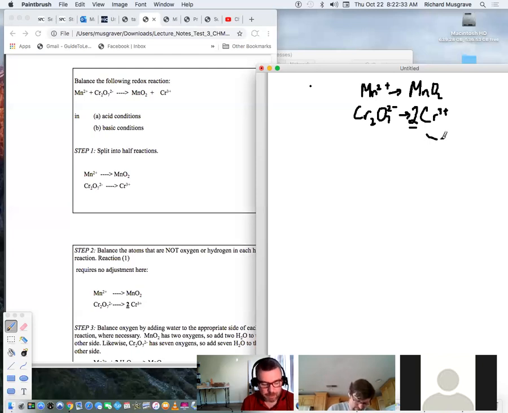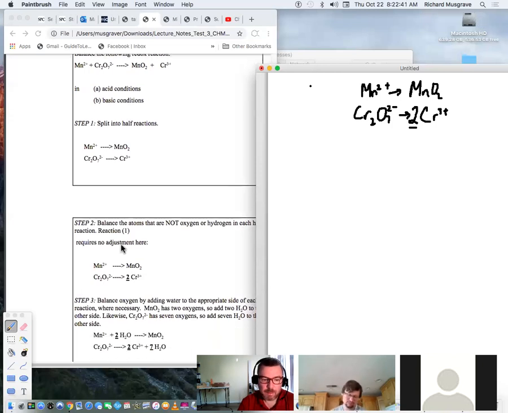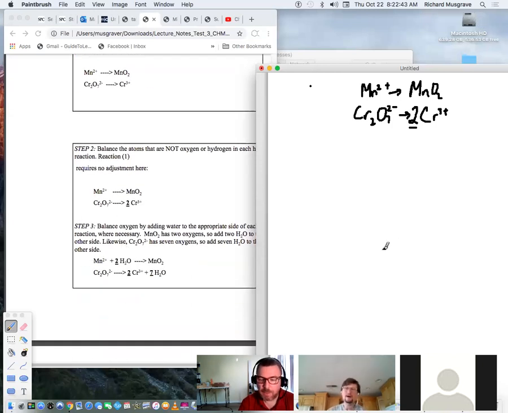Step 3 is we have to balance the oxygens, and the way we do that is we add water. On the top, there are no oxygens on the reactant side, and there are 2 oxygens on the product side.